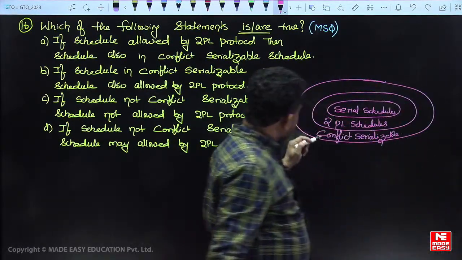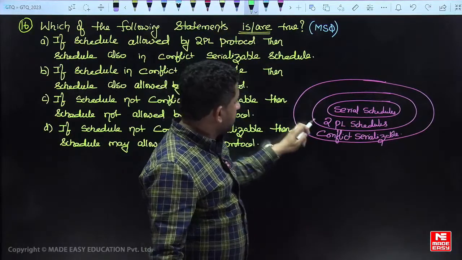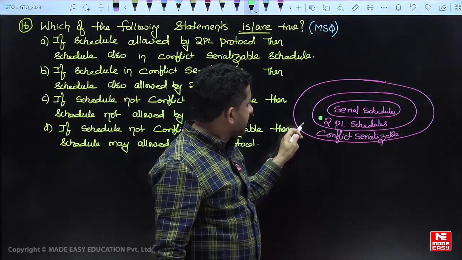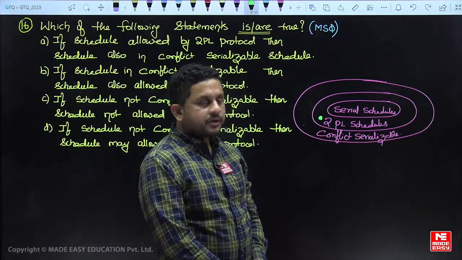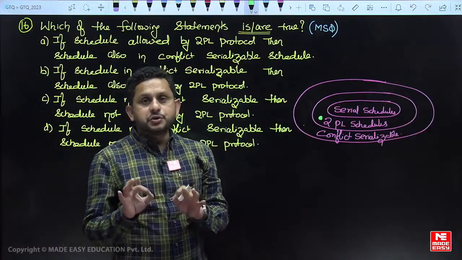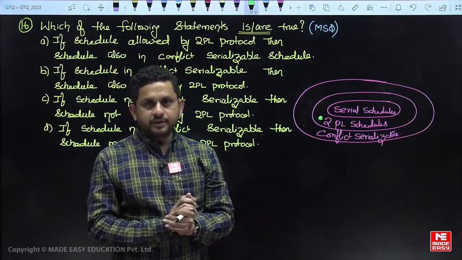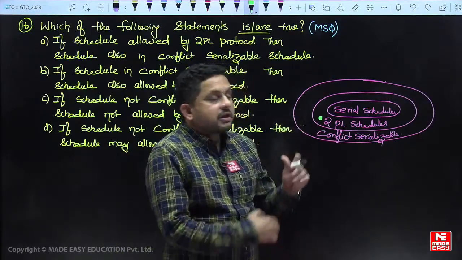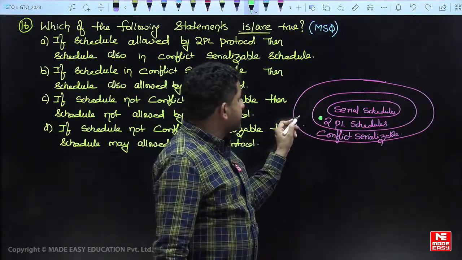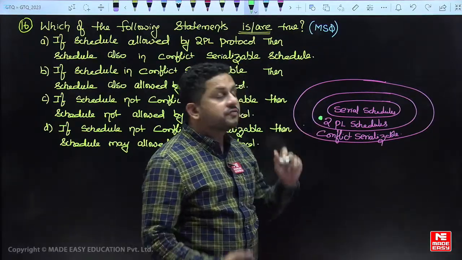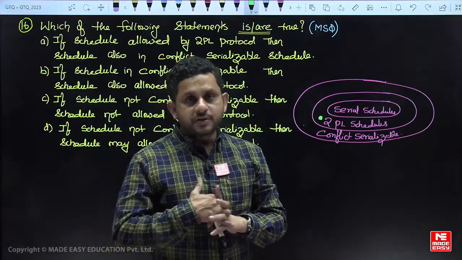It means that every schedule allowed by 2PL is guaranteed conflict serializable. And not every conflict serializable schedule can be allowed by 2PL. Some conflict serializable schedules may fail to execute under 2PL, some are possible to execute.